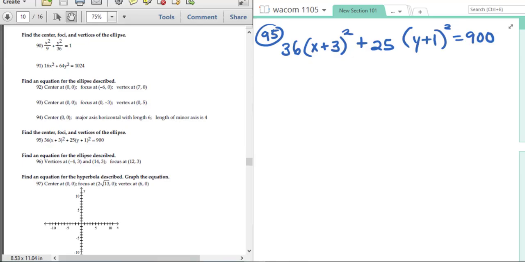All right, we're going to have another one here. This one we're going to find the center, the vertices, and the foci. So we have an equation which is not in standard form. You need a 1 on the right-hand side, so we need to divide out the 900.